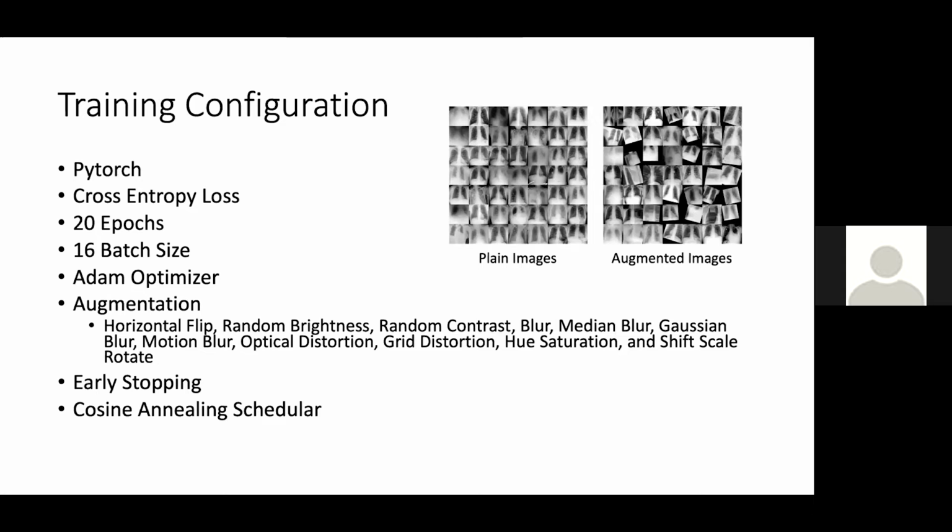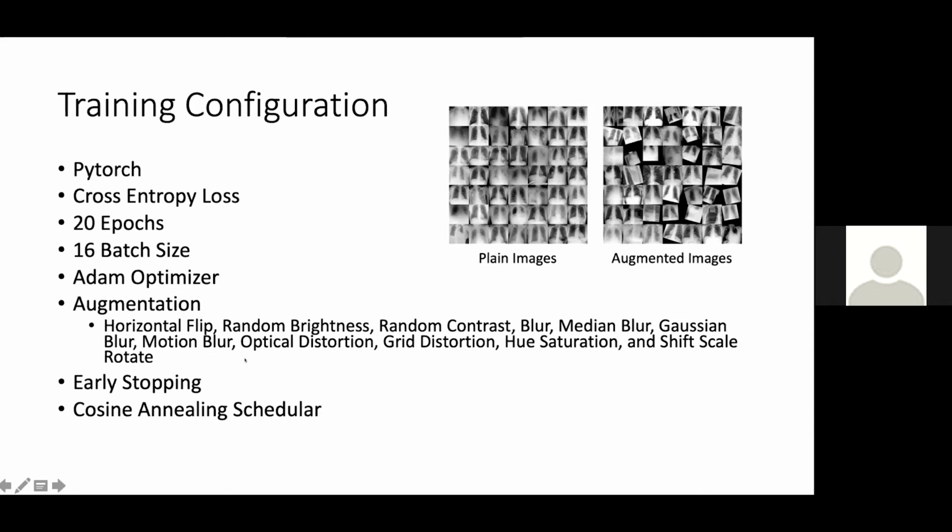Okay, so my training configuration was we used PyTorch and cross entropy loss. We trained for 20 epochs max. Our batch size was 16 for every experiment. We used Adam Optimizer. Our augmentation was horizontal flip, random brightness, random contrast, blur, median blur, and all these augmentations.